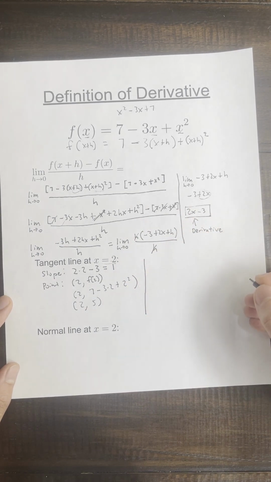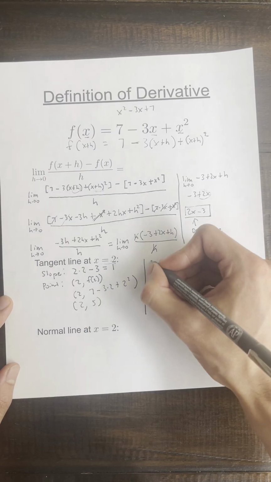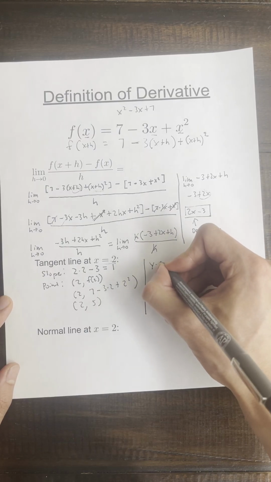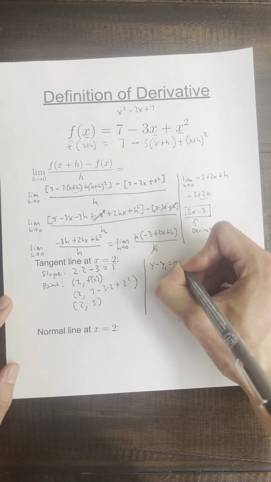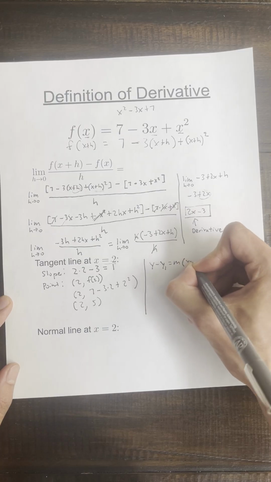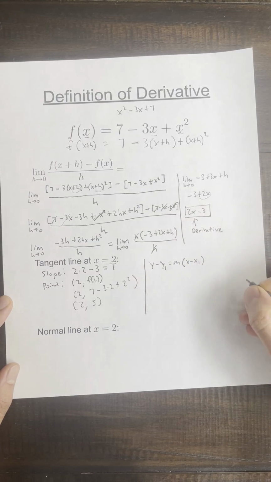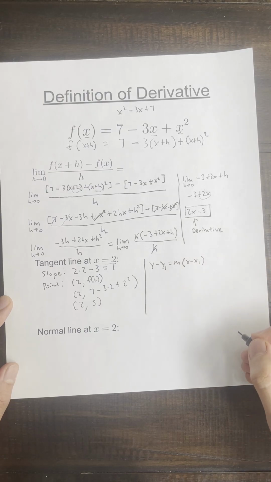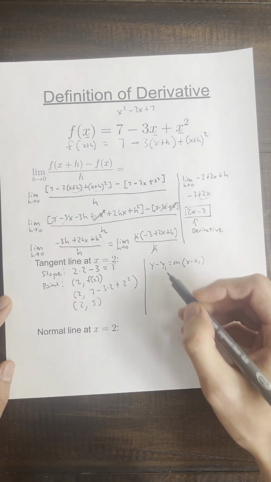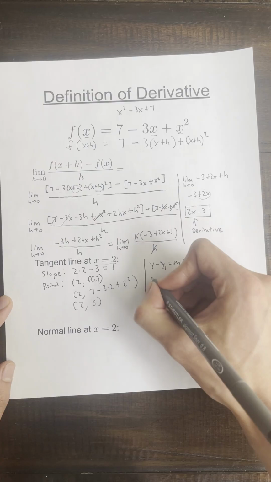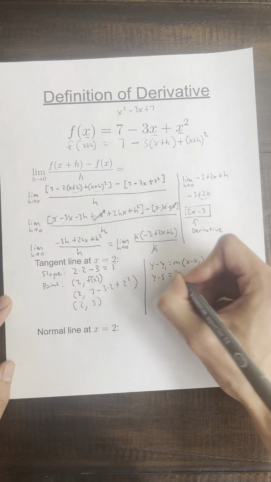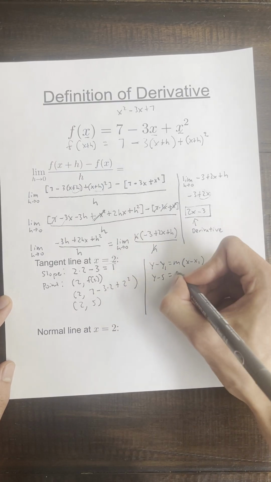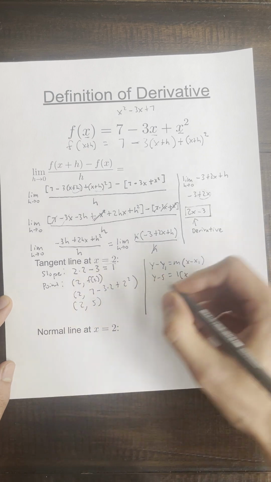What formula should we use? y minus y1 is equal to m times x minus x1. y1 is going to be the y-coordinate of your point, so 5. m is going to be the slope, and x1 is going to be the x-coordinate.